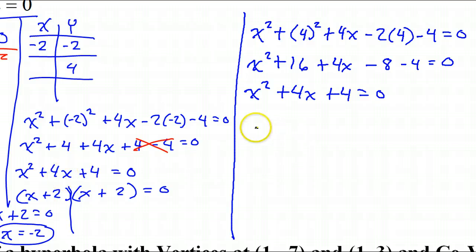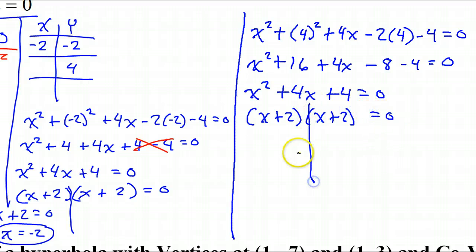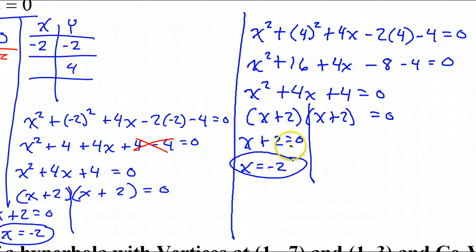That's the same exact thing I had before, so I already see what's happening here. I really could have just stopped. Once again, I get an x value of -2. So when the y value is 4, you still get -2.